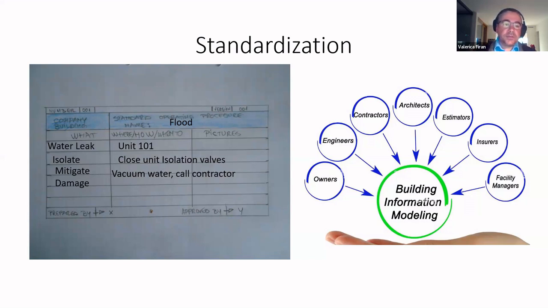So going back here a little bit in our scenario, I have a couple of things here that I put. In case of a flood, the actions are first isolate the leak by closing the unit isolation valves, and then mitigate the damage by vacuuming water and call the relevant contractors.